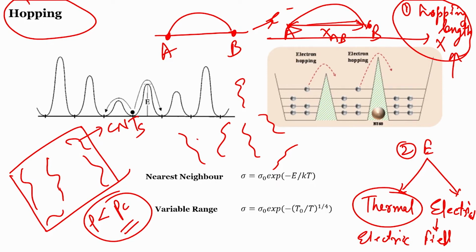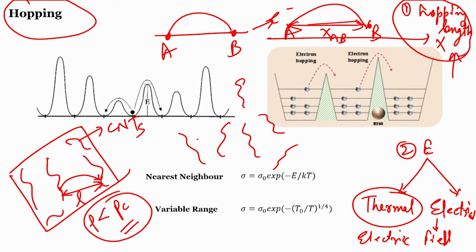The length. So this is a carbon nanotube, this is electrically conducting, this is another carbon nanotube which is electrically conducting. To make a jump from one conducting island to another conducting island, an electron not only needs energy, which we discussed, it also needs a particular length which can make that jump feasible.